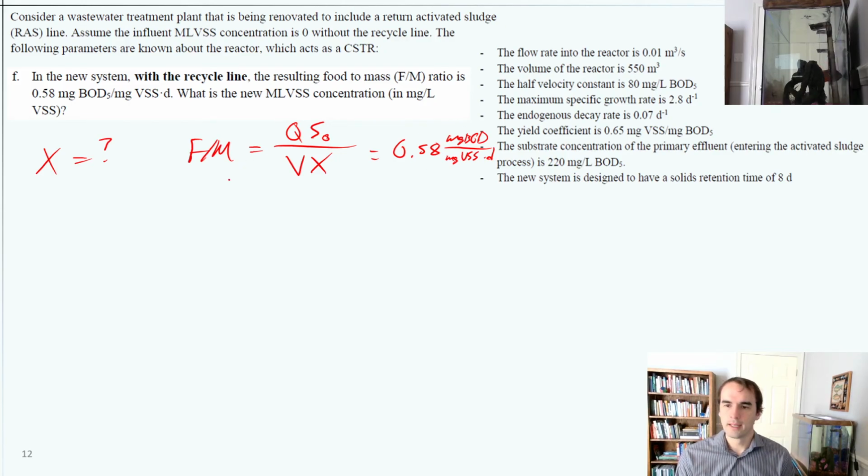We also know Q, the substrate we start with, and the volume of the reactor. So really the only thing unknown here is X. We can simply solve for X. X is going to be equal to Q S naught divided by V times the food to mass ratio.